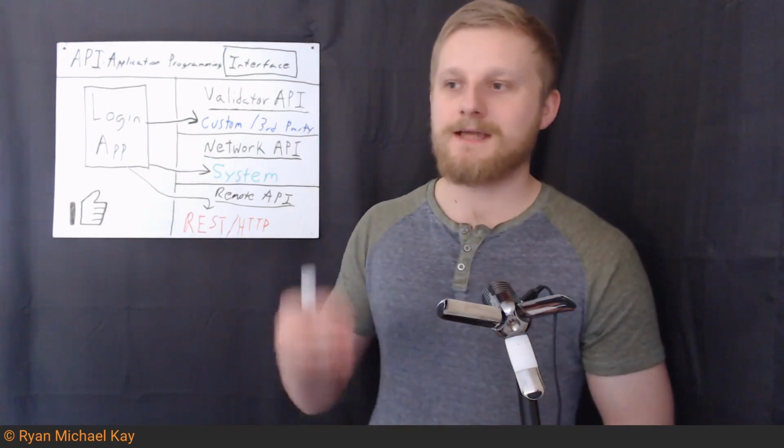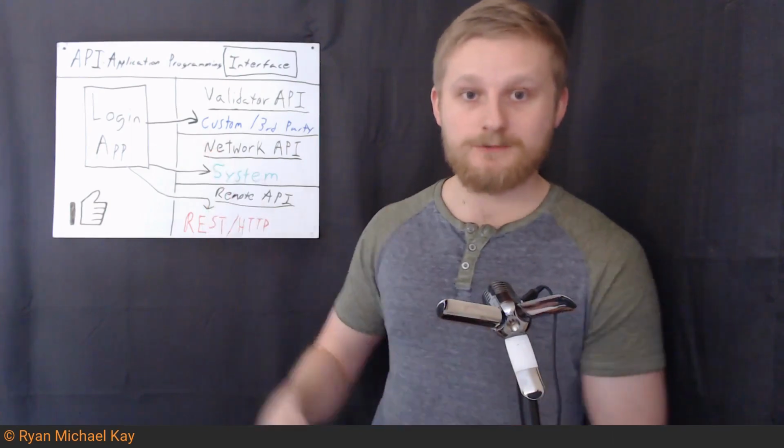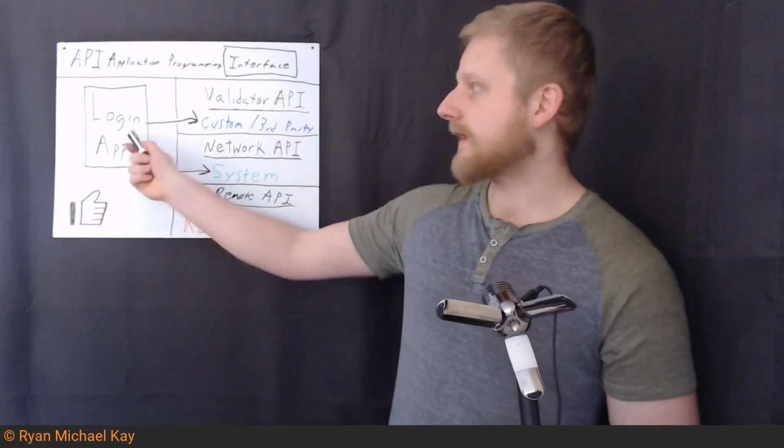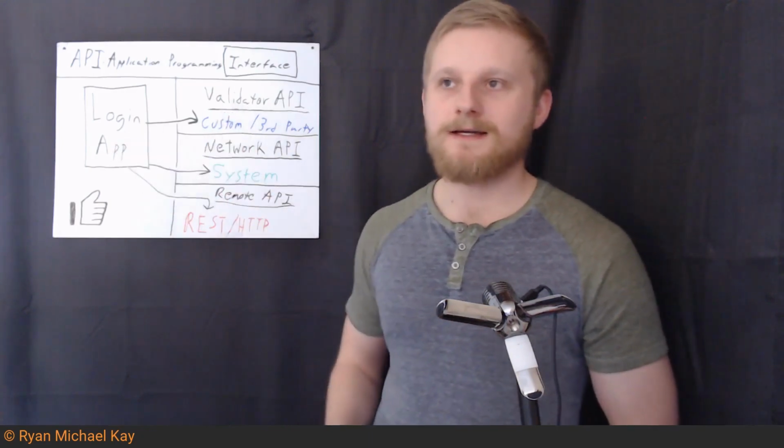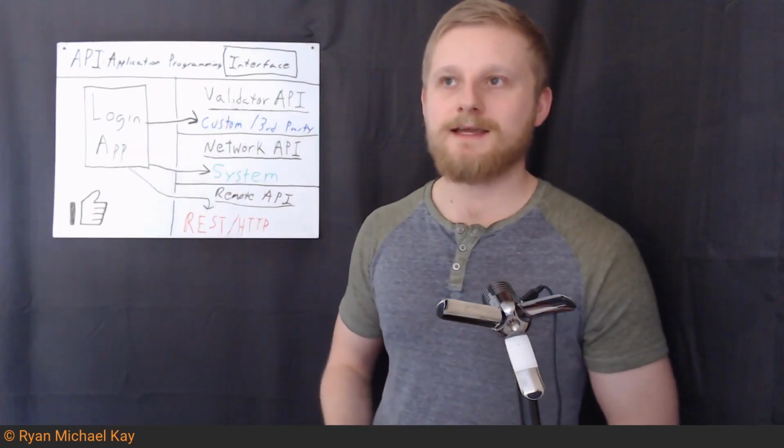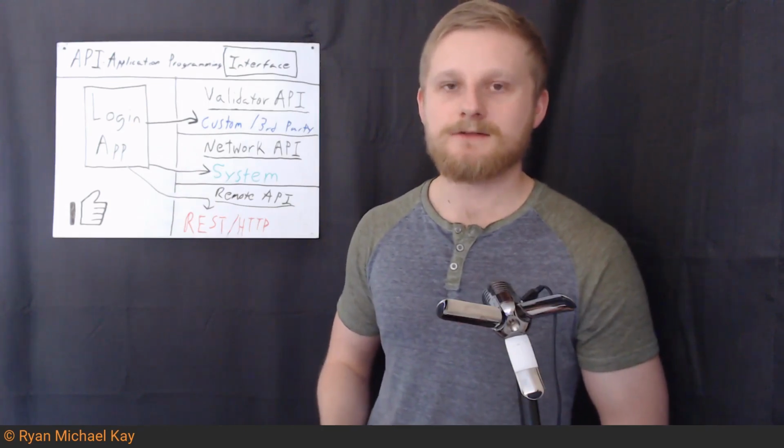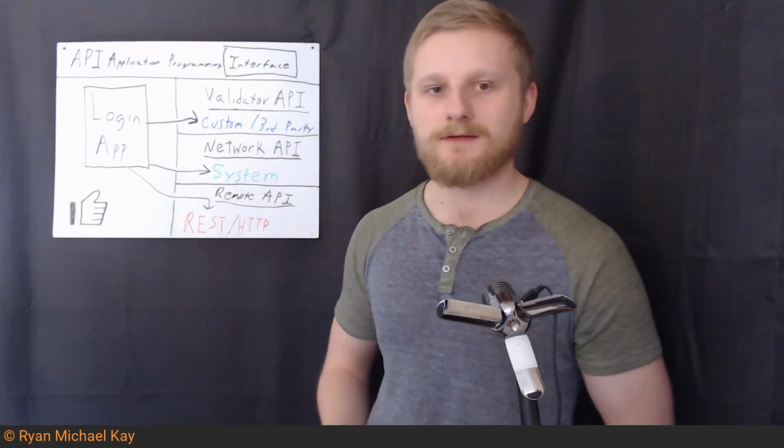So API, generally speaking, refers to libraries or tools that you'll use in your application, but it doesn't have to be that, and it's inclusive of a huge number of different things.